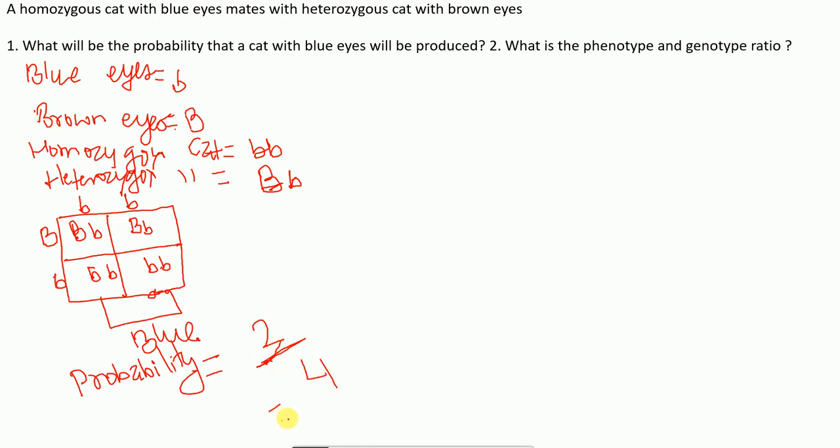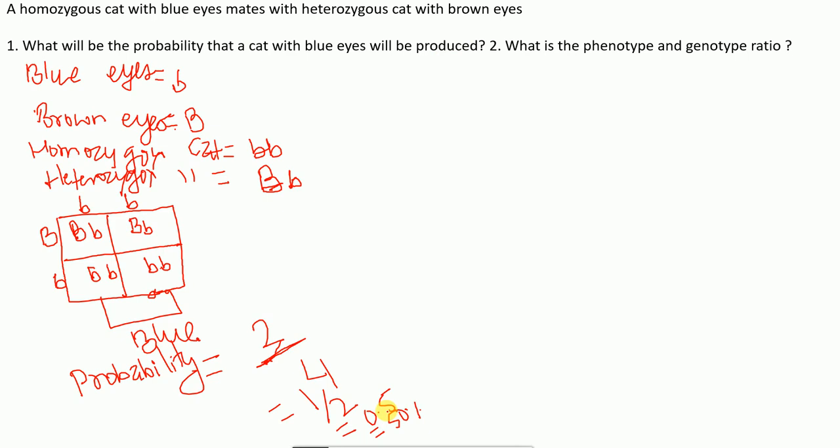So basically, that is 1 divided by 2, which is 0.5. If you multiply 0.5 by 100%, it will be 50%, okay. So what is the probability that a cat with blue eyes will be produced? The probability is 50%.